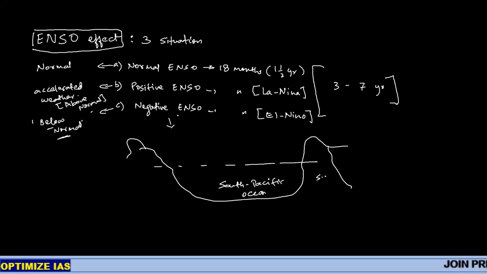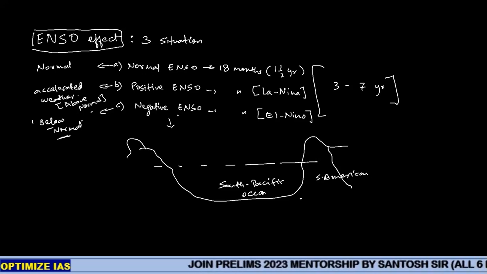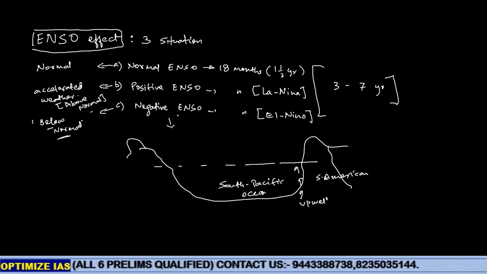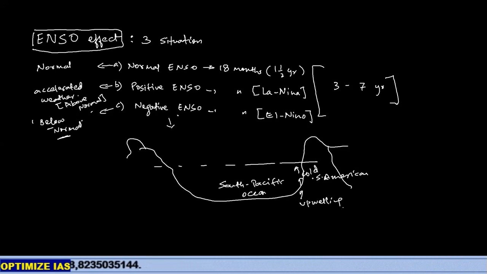On the South American coast, normally an upwelling phenomenon is taking place. Because of the upwelling on the coast of Peru, cold waters are on the surface, and the cold waters are maintained.